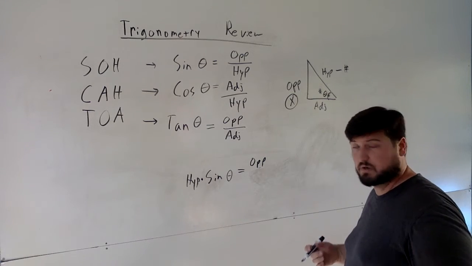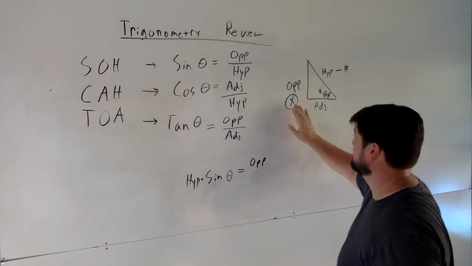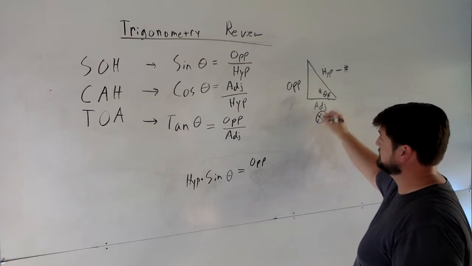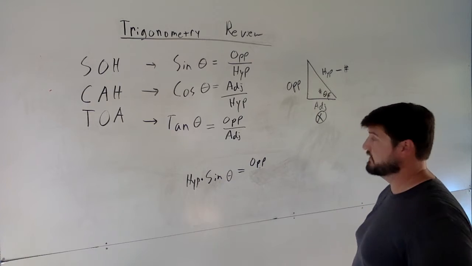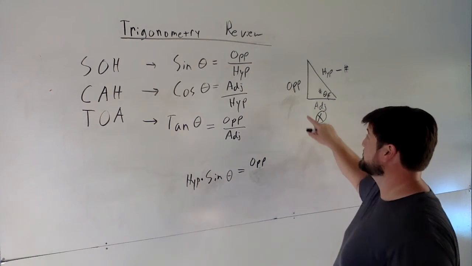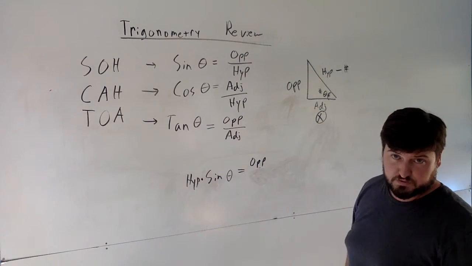Same thing is true for cosine. If you wanted to find out your adjacent side, what that value was, if this was your x, your unknown, and sometimes you'll have both of these as your unknown, you'll have to do two different operations. For the opposite side, you have to use sine. For the adjacent side, you have to use cosine.